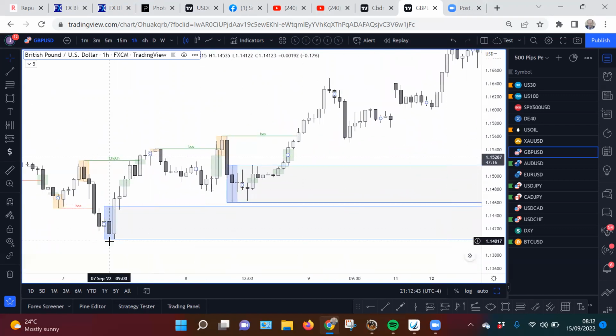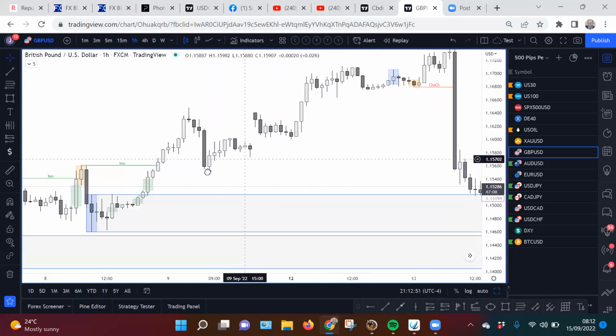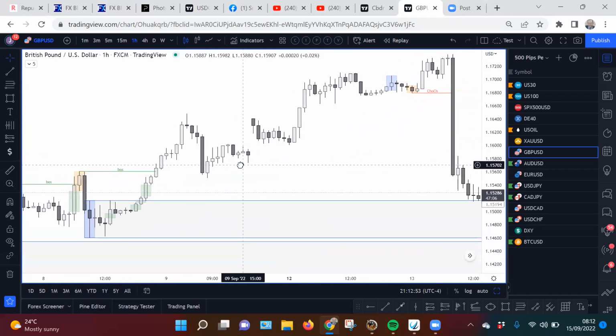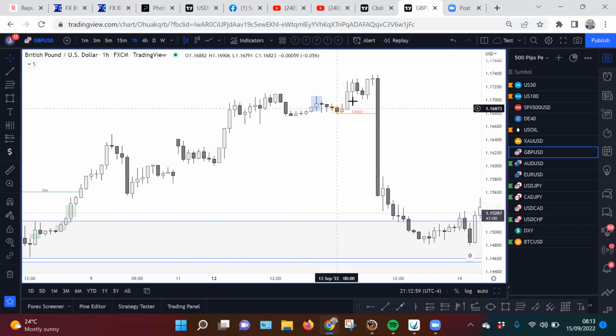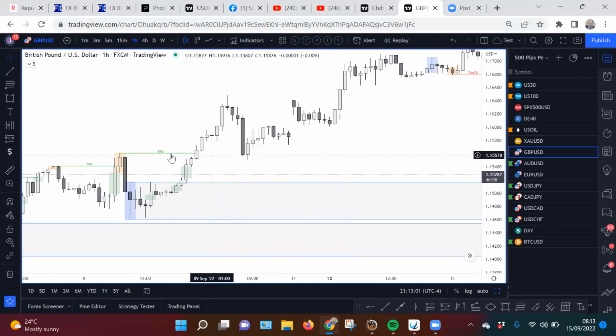So it went up there, it pushed down, and this was the last one that caused this. Why? This was the last break of structure before the change. See, that's the last break of structure. Break of structure just means going up and it broke that high.